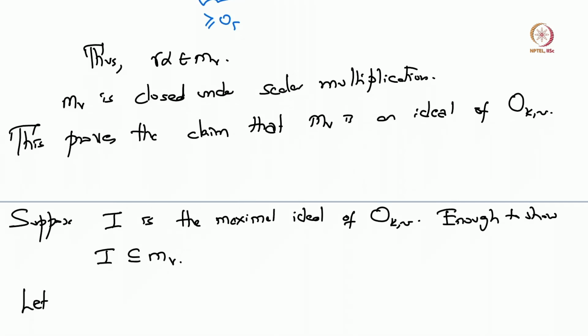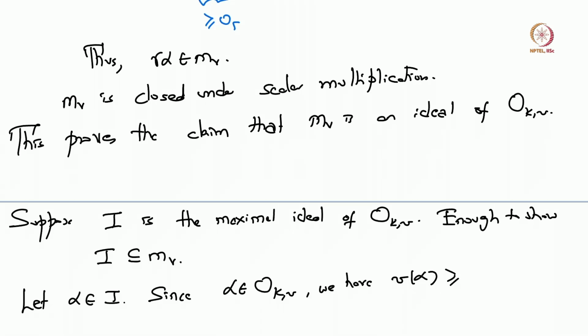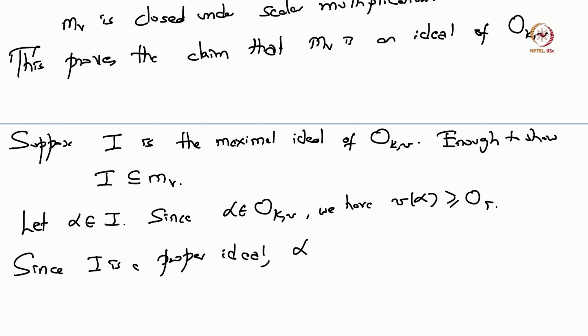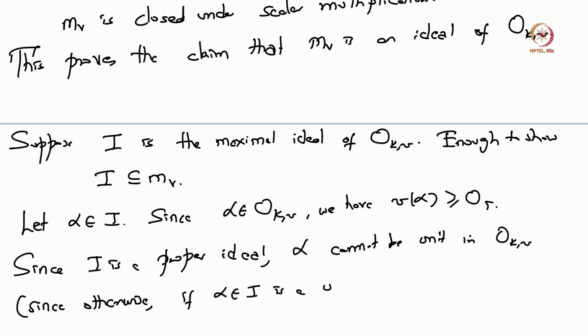Okay. So take an element alpha in I. Since alpha belongs to O_Kv, we have that the valuation of alpha is larger than or equal to the identity element of gamma. And now since I is a proper ideal, alpha cannot be a unit, since otherwise, if alpha belongs to I as a unit, then we would get that the ideal is in fact the whole of the ring.